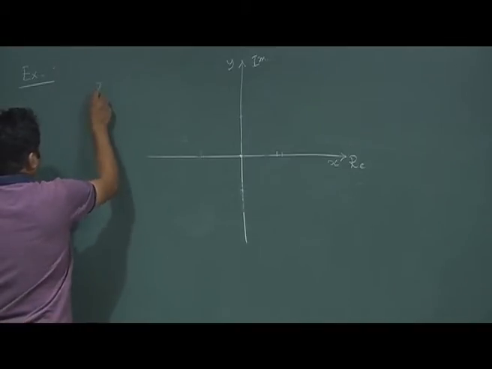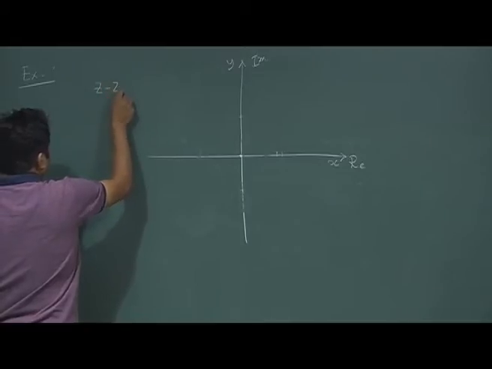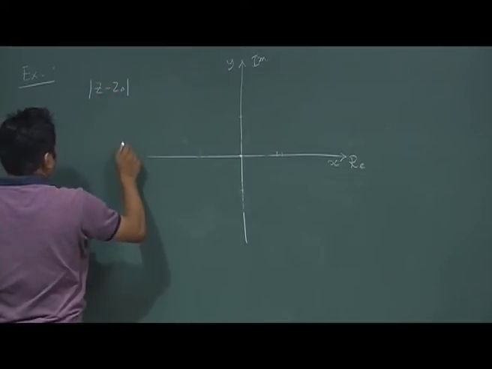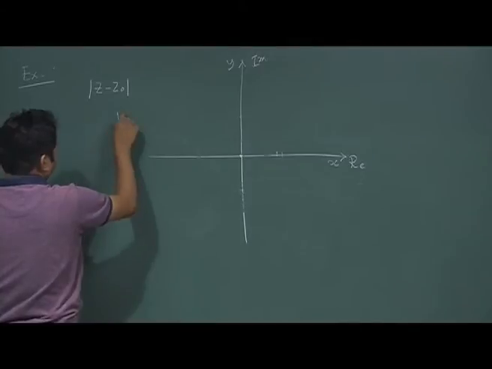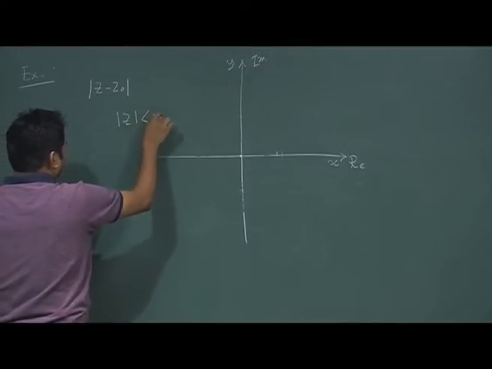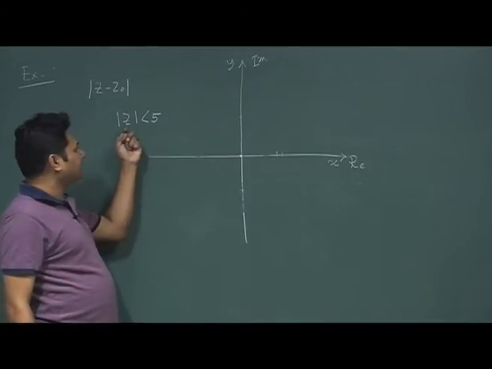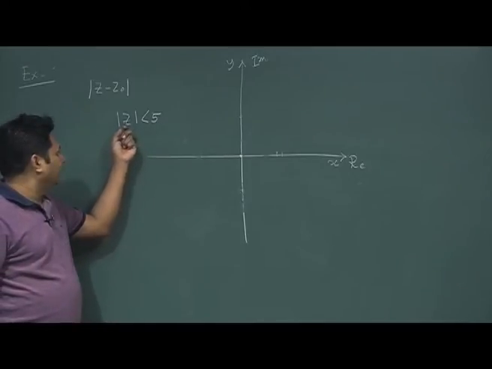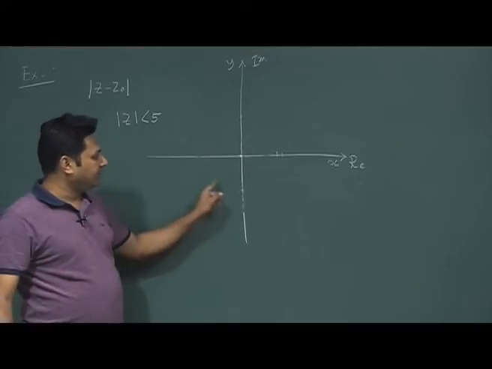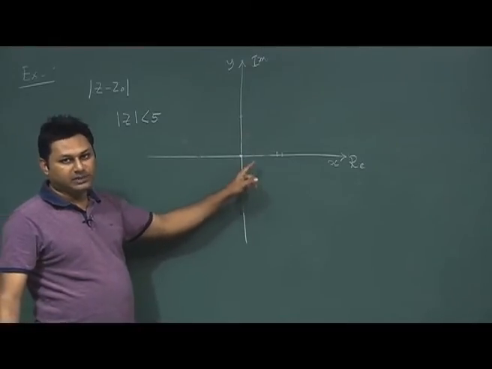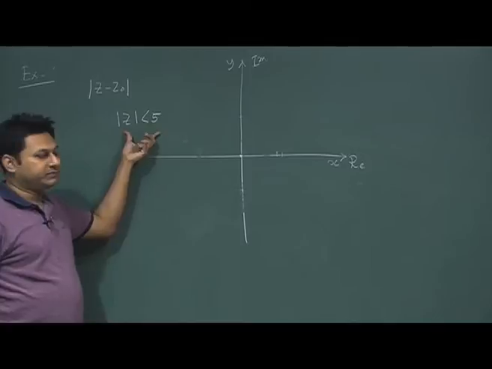Say mod of z less than 5, if the example was given like this, which means whatever the z I am talking about is less than 5, that means all the region inside the circle will be the region I am talking about.